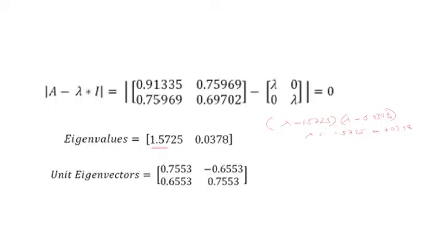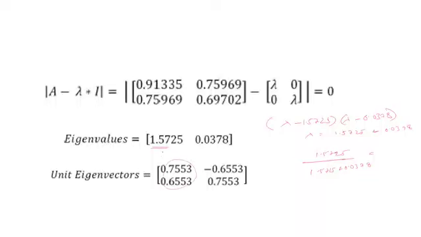What you have to do is take the proportion of each of the eigenvalues. For example, divide 1.5725 by 1.5725 plus 0.0378. Whatever proportion you get, you can consider that as the amount of variance captured by principal component 1, which is defined by this particular eigenvector.